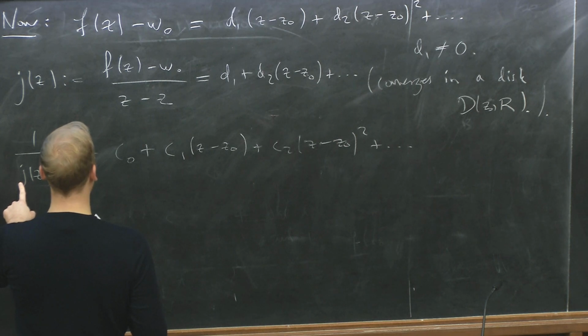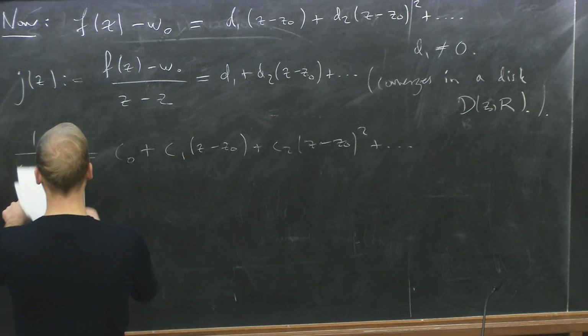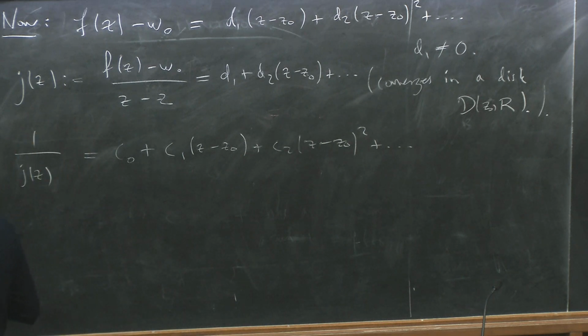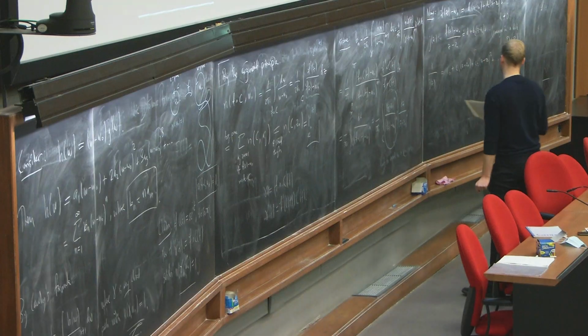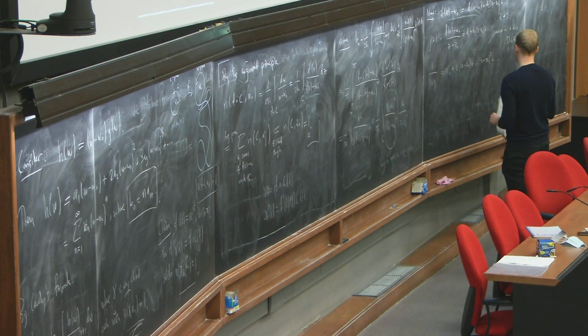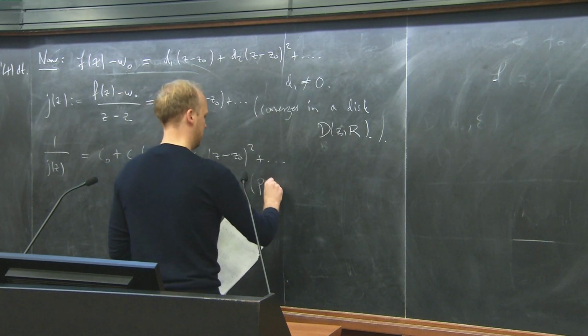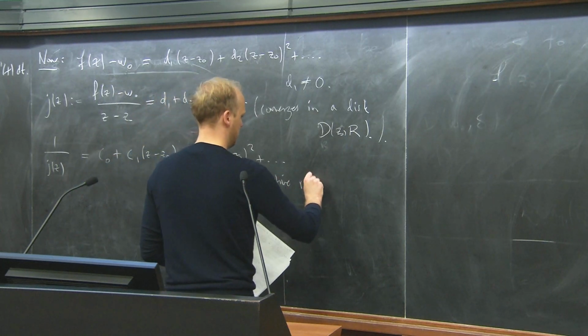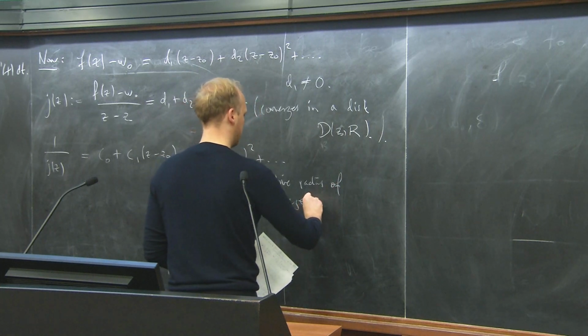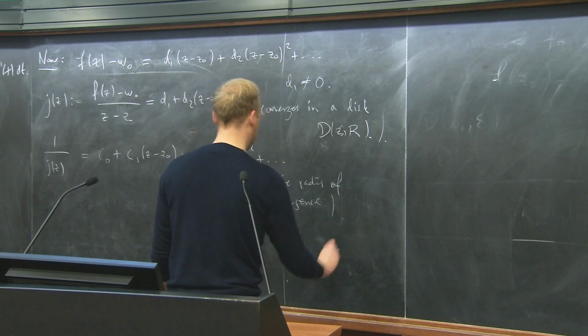And why am I looking at 1 over j? Well, it's because what I'm interested in is 1 over j to the power n. It's exactly the one which appears in the integrand where I stopped in my calculation earlier. And this one has positive radius of convergence as well, just to make sure that all of these things actually converge and make sense locally.